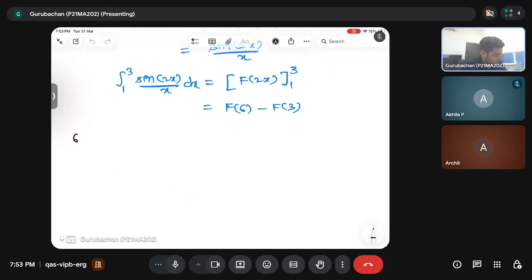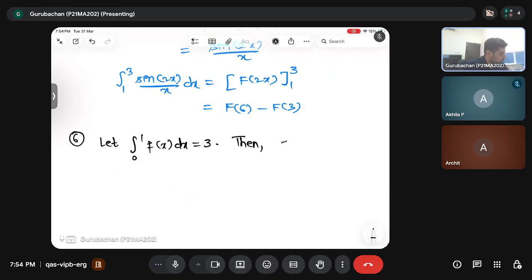So the next one is: let the integral from 0 to 1 of f(x) dx be 3.